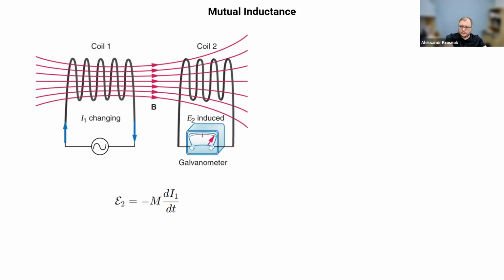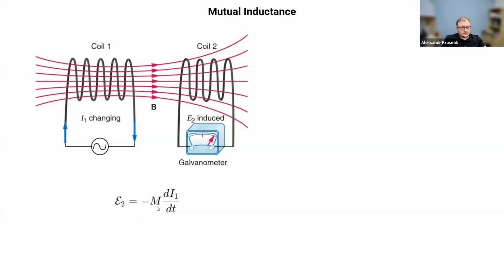So the first coil induces the current or voltage in the second coil, right? Even though there is no wire connection between them, all this happens wirelessly.